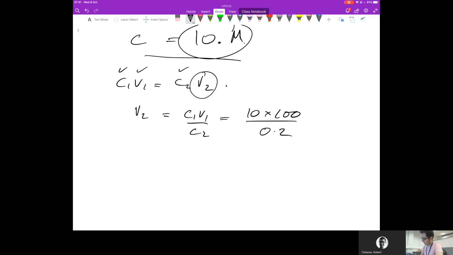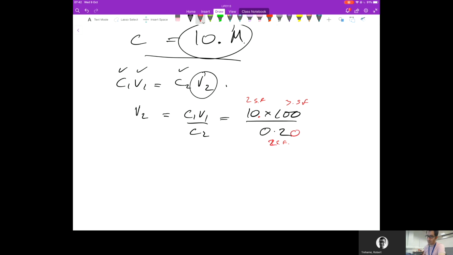And of course, actually, that's 3 sig fig, I think. That's 2. And this is only 1. So I'm only going to be able to give you the answer to 1 sig fig. Actually, no. This is 2 sig fig.